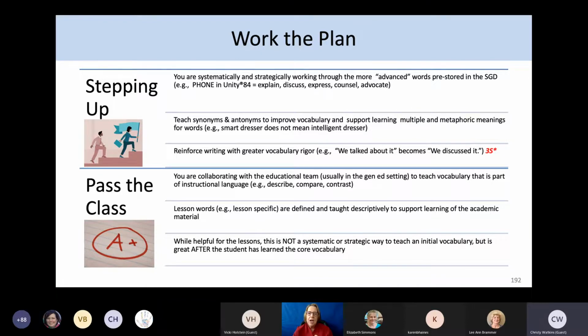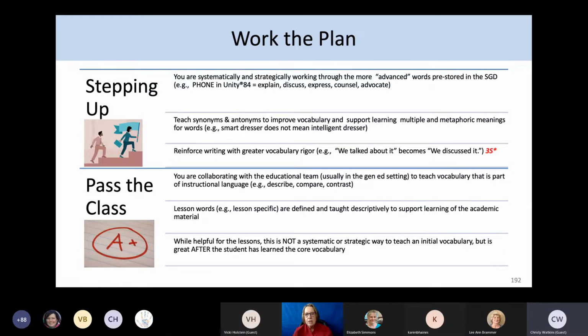And as all the boys had to do more and more writing in middle school and high school, we would often take a look at their very simple writing and say, well, you wrote, we talked about it. And that becomes, we discussed it, where we had to start learning beyond the 300 core words. What are other words they have in their device with increased rigor?